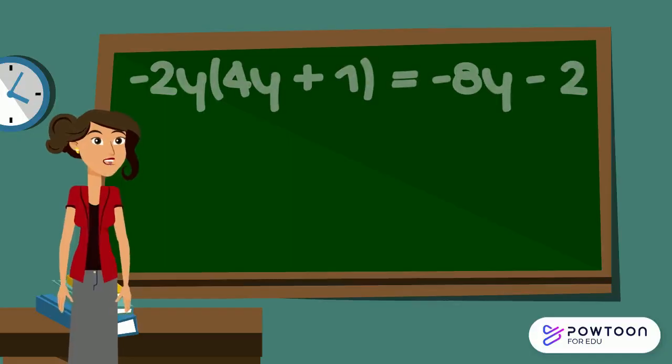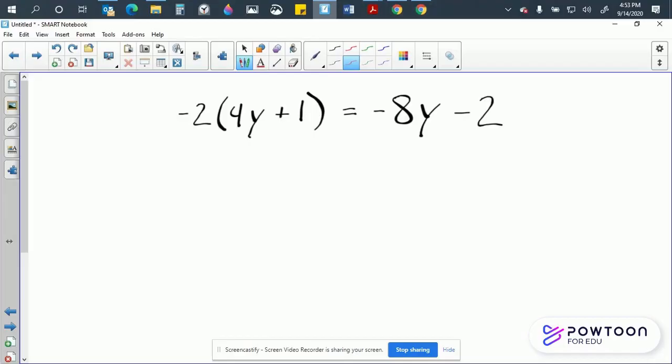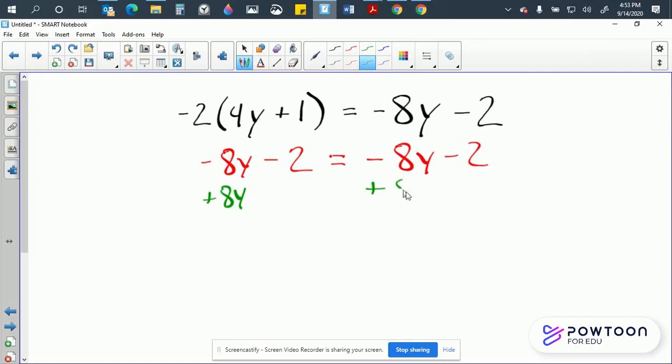And now we'll see what happens when we try to solve this equation for y. When we solve this problem, we get negative 8y minus 2 equals negative 8y minus 2. We add 8y to both sides, and we're left with negative 2 equals negative 2.